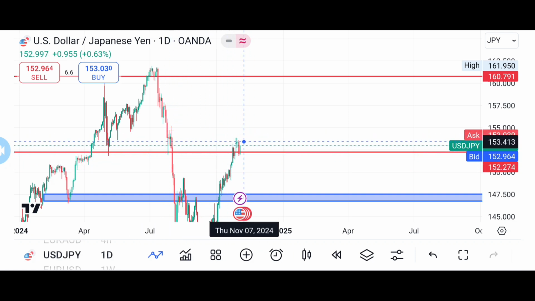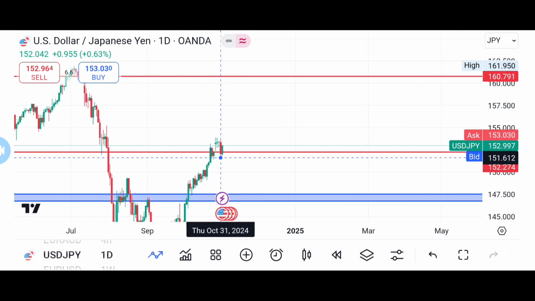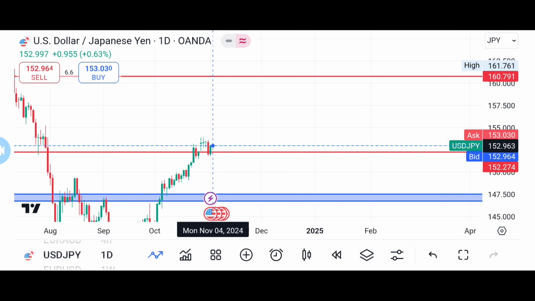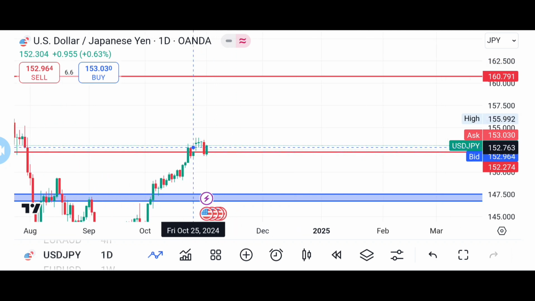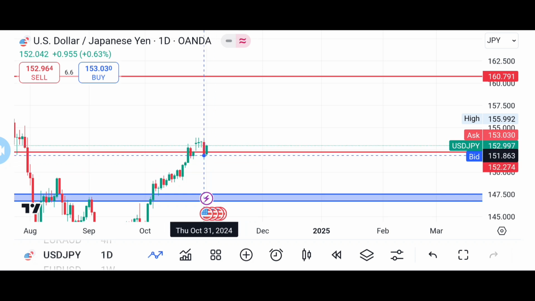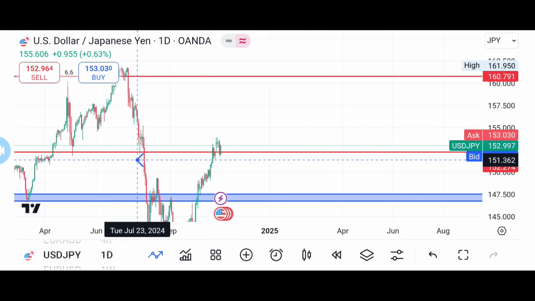That is the reason you are seeing a lot of mixed reaction here. The market is still in indecision whether to go up fast or come down fast. There is a presence of sellers and buyers, a lot of indecision. So you have to know why.